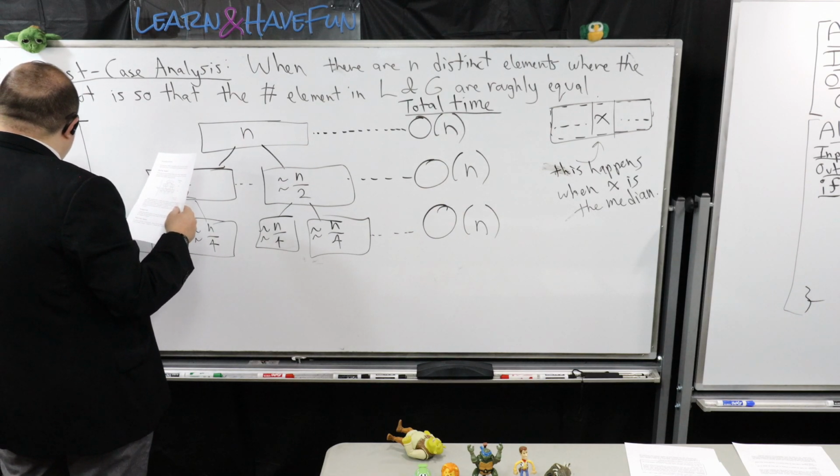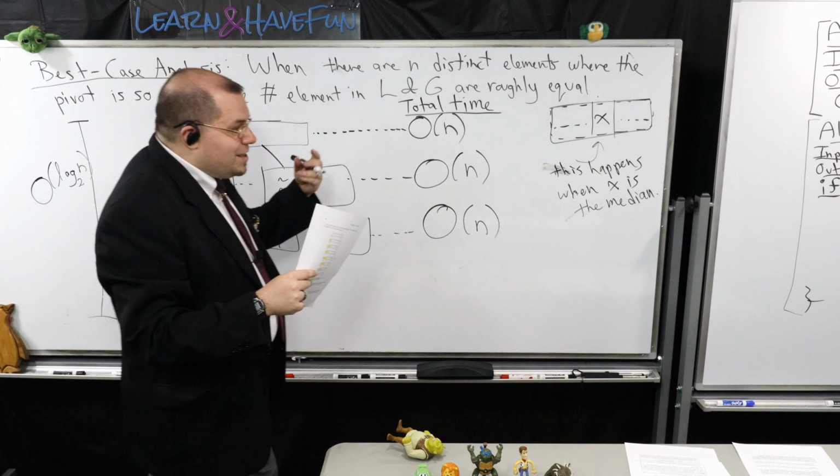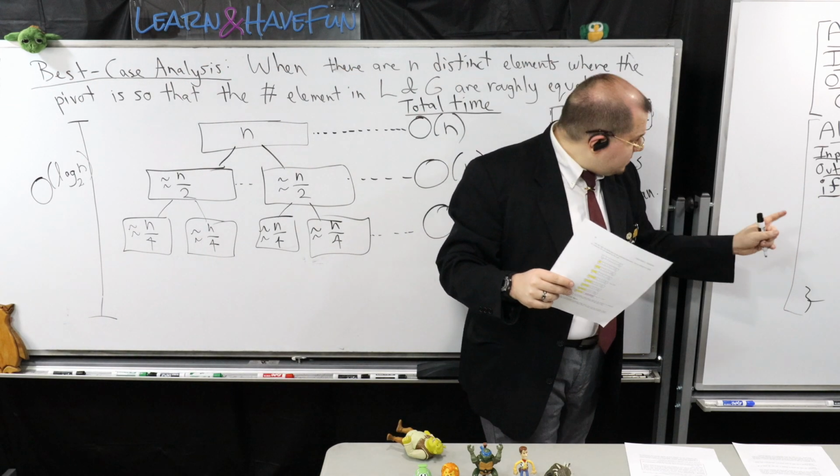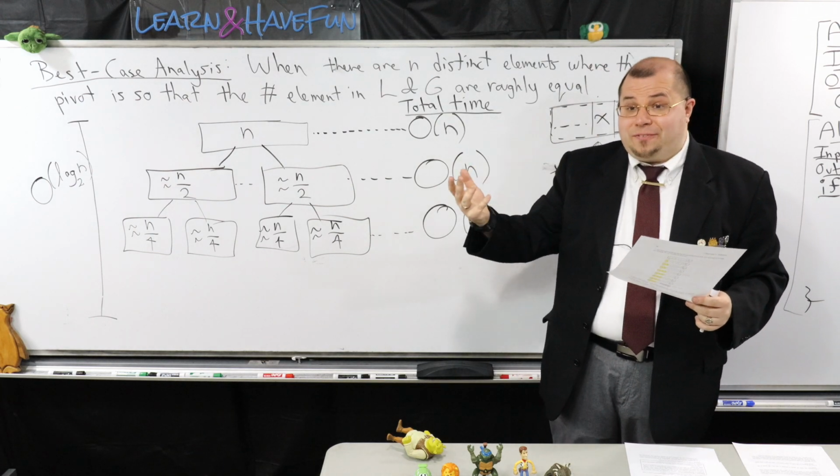So just like when we looked at binary search, right? Because the intuition is very simple. When I made one recursive call, every time I half it, right?